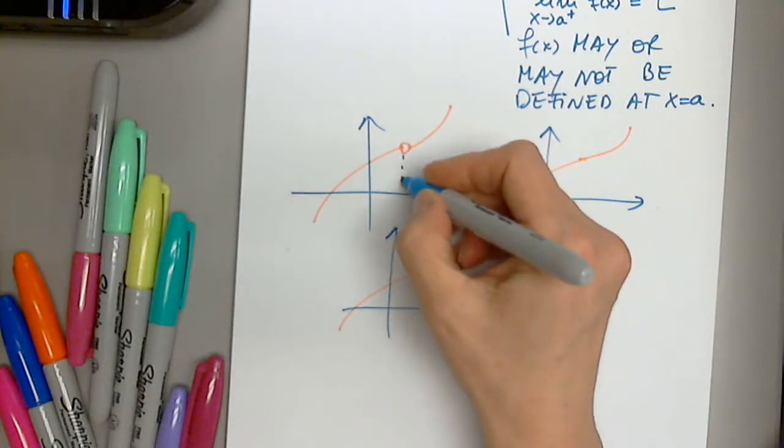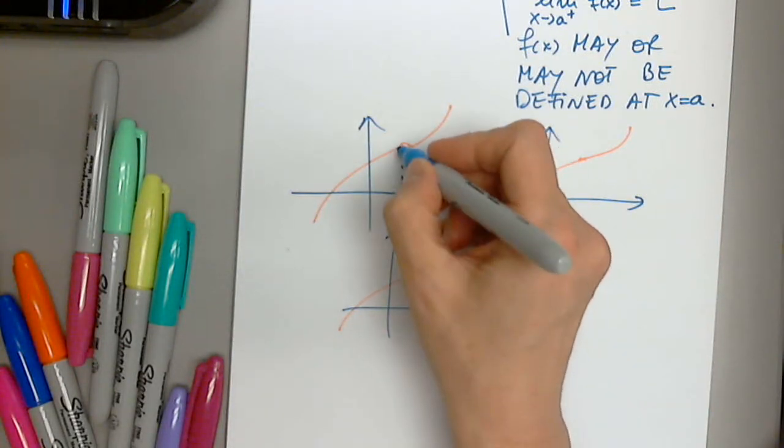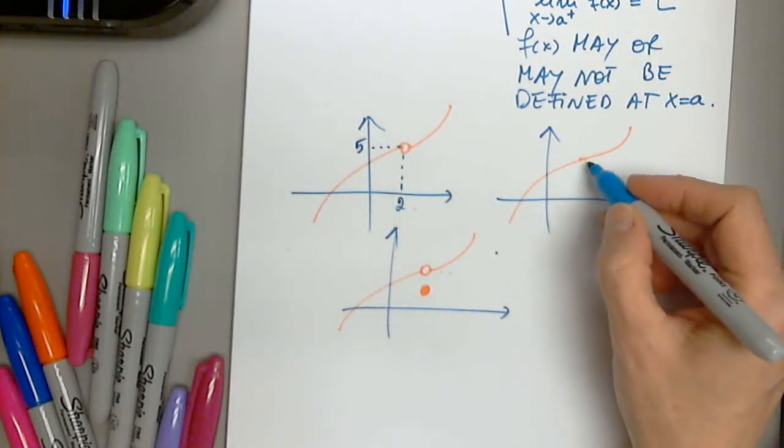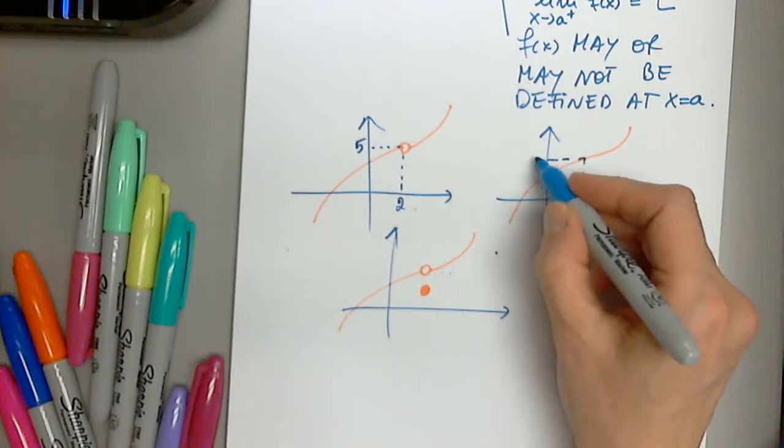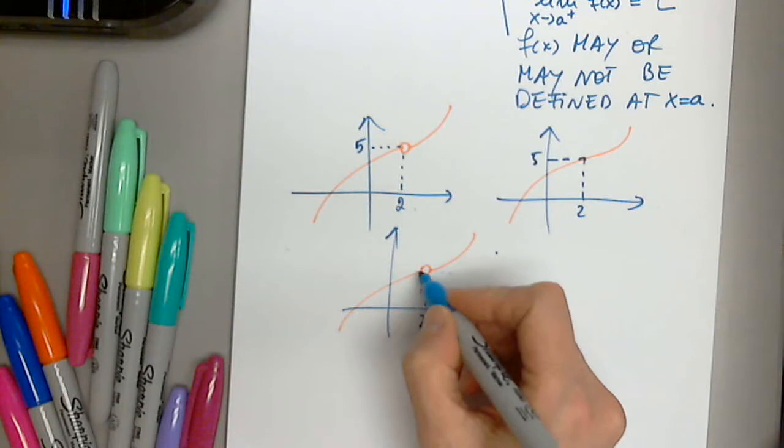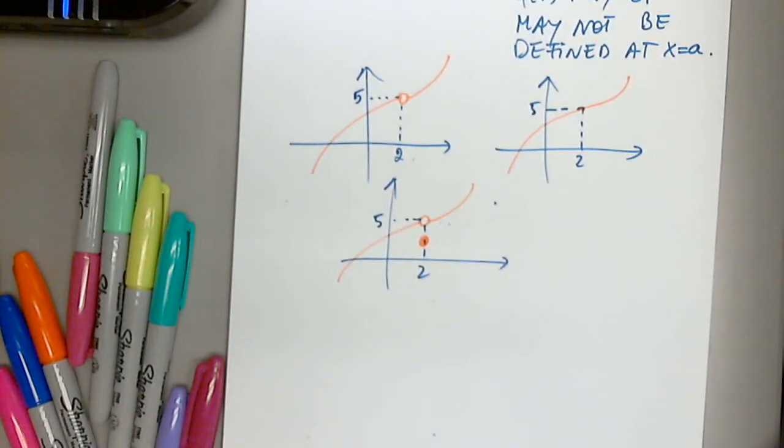I'm going to say that this is 2 and this is 5 in all cases. I would like to know whether the limit from either side of 2 here is 5 or not.